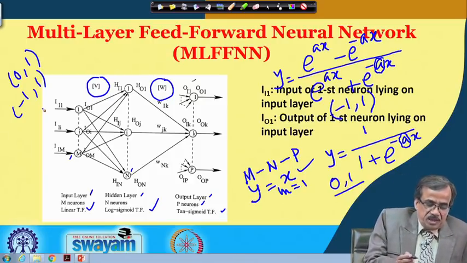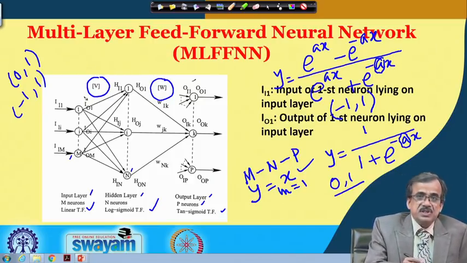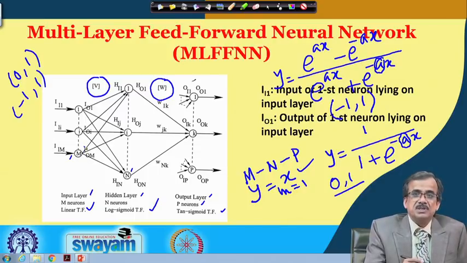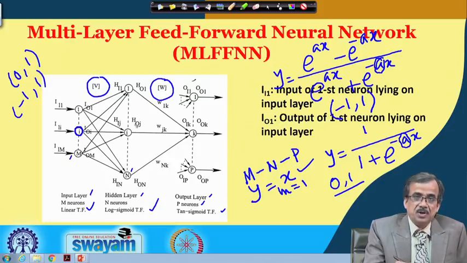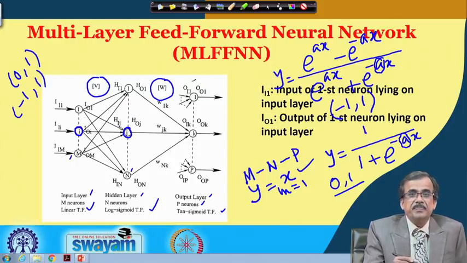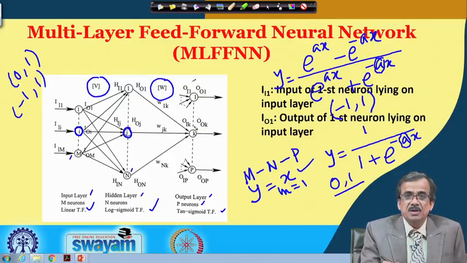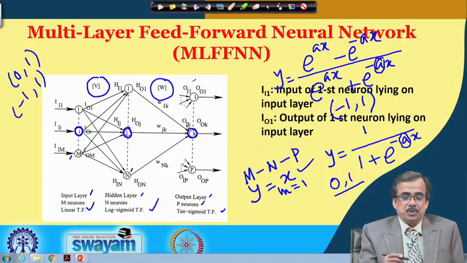Now, if you see the inputs, as I mentioned, there are m inputs, and on the input layer we have got m number of neurons. Now, let me concentrate on a particular neuron lying on the input layer, say the ith neuron, a particular neuron lying in the hidden layer, that is the jth neuron, and a particular neuron lying on the output layer, say this is nothing but the kth neuron.